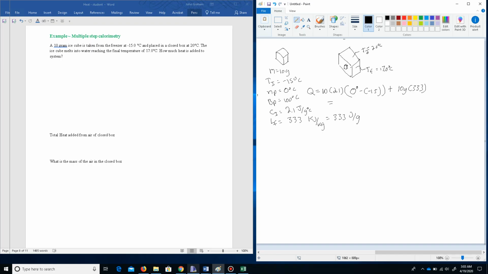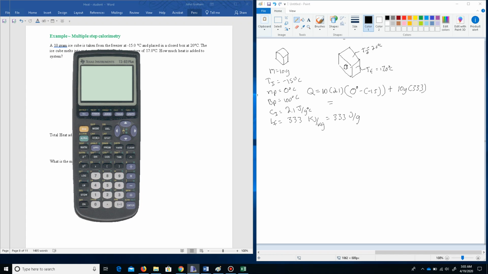And so what we get here, actually, might as well just do it in a calculator. So 10 times 2.1 times 15 plus, I'm just going to multiply that by 10 to make it a lot easier. So we get 3645.